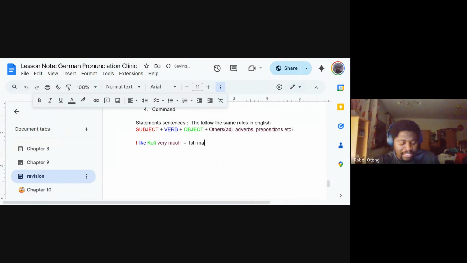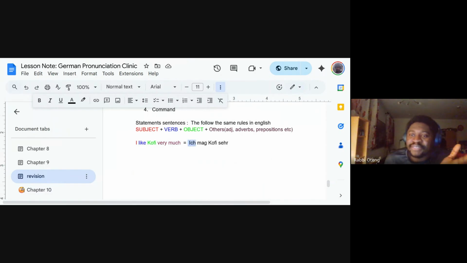So "Ich mag", then "Kaffee" will come, the direct object, then "very much" as the others. In English you say "very much", but in German there's no need for you to say "sehr viel".